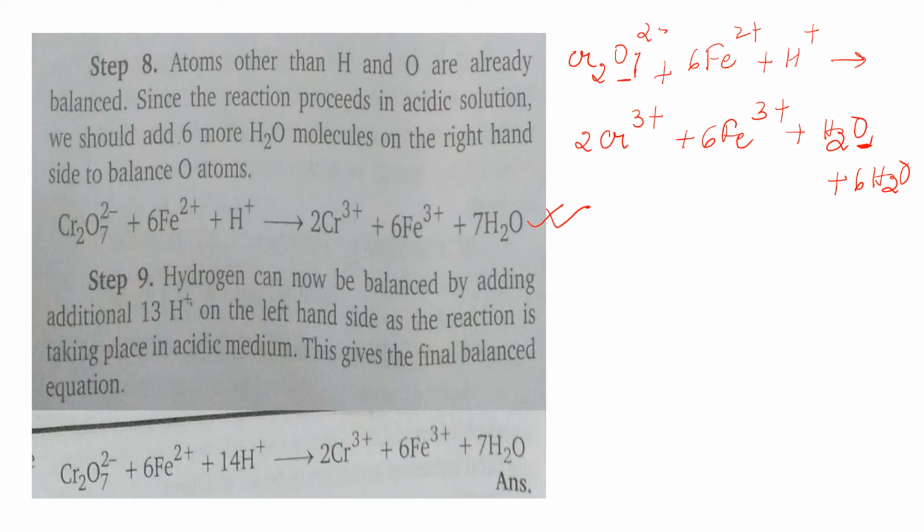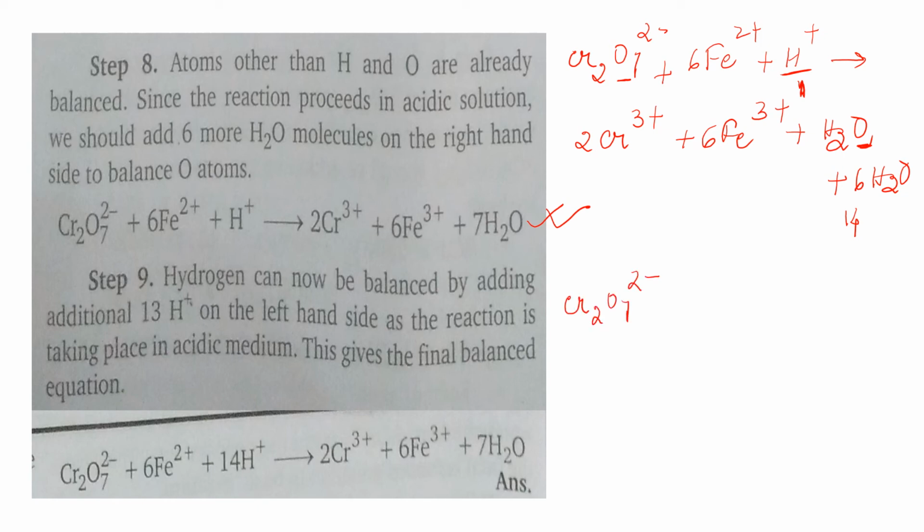Now my next step is to see whether hydrogen is balanced or not. Now in the left hand side I am having only 1 hydrogen and in the right hand side I am having 6 times 2, that is 12, and 2, that means total I am having 14 hydrogen. So that means the left hand side is now deficient by 13 hydrogen. So what I have to do? I have to add 13H+ in the left hand side. So what am I getting?